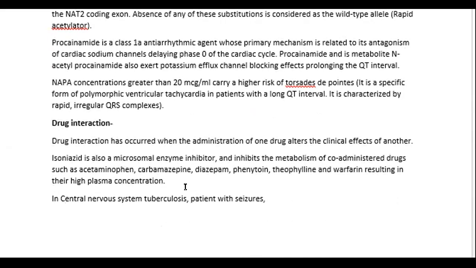Because of the seizures, the patient may be prescribed isoniazid along with phenytoin.